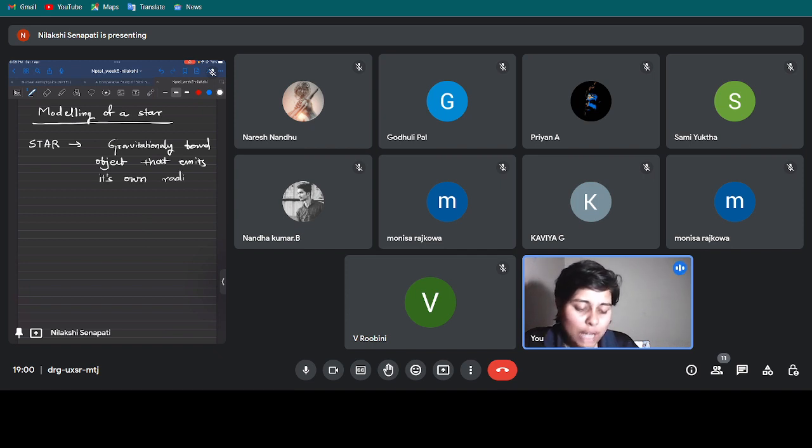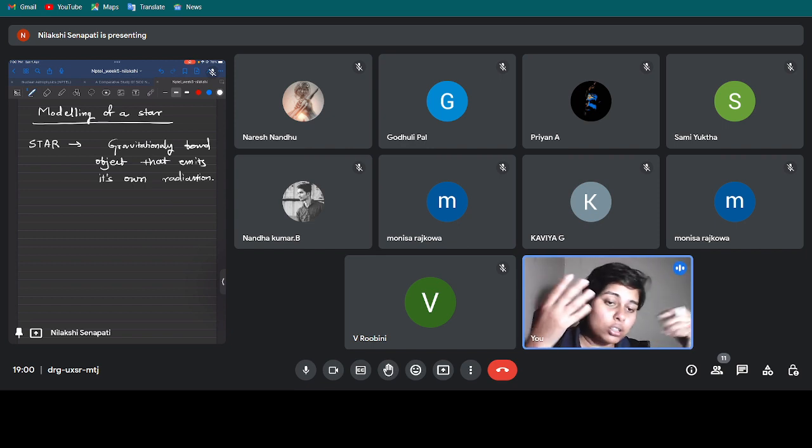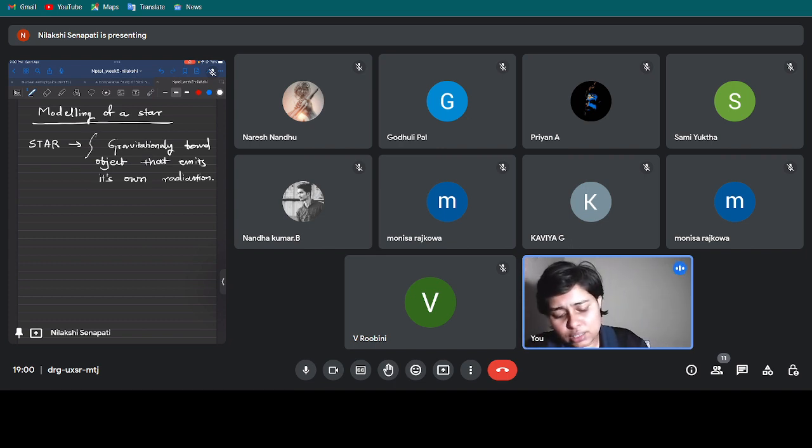That is what we have learned in our school days, at the very beginning, maybe class 5 or 6 level. It has some gravitational effect, gravitationally bound. Our Earth also, maybe that is not a star. A planet cannot emit light, but a star can emit light, and it is a gravitationally bound object. This is the simplest definition that is possible of a star. A star is a gravitationally bound object that emits its own radiation.